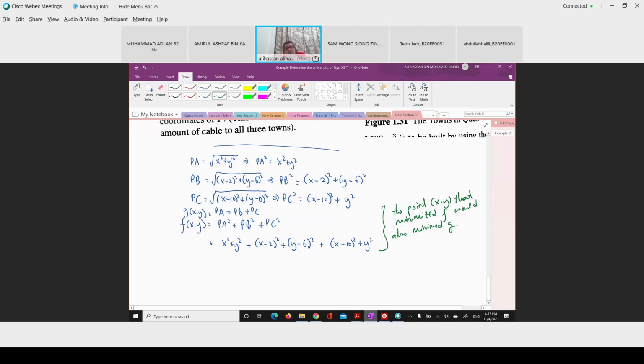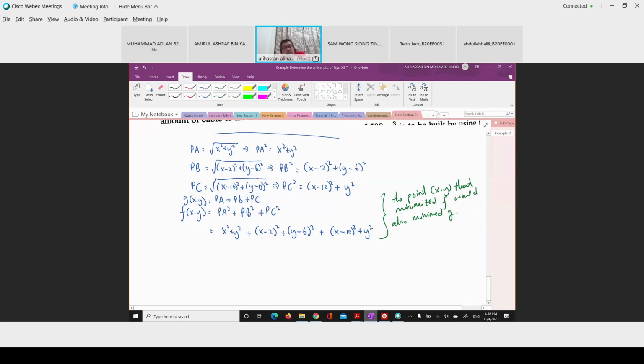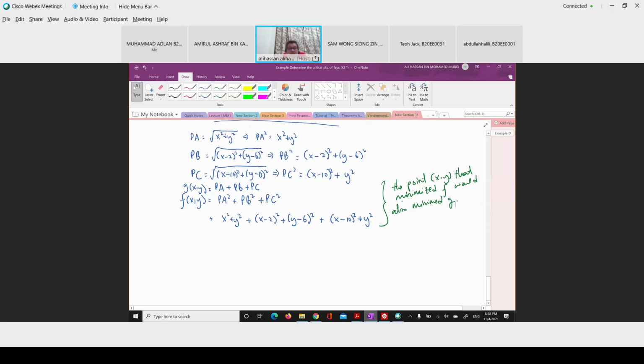So it's easier to work with f because that doesn't involve the square root sign. So f(x, y) is a function of two variables here, right? So we want to find the point (x, y) that serves as a minimum point of f(x, y).